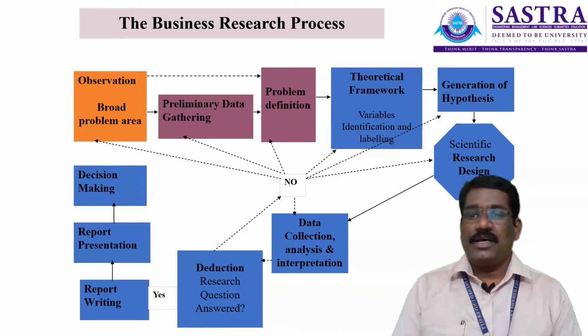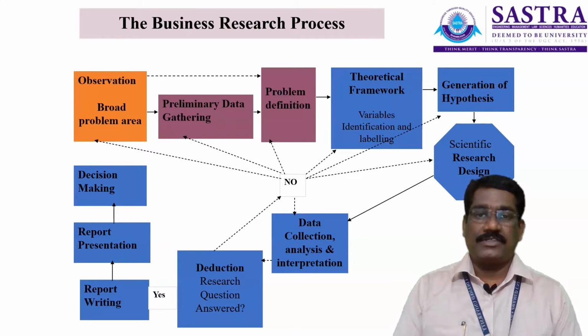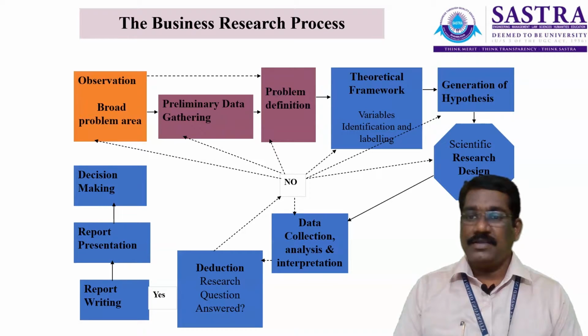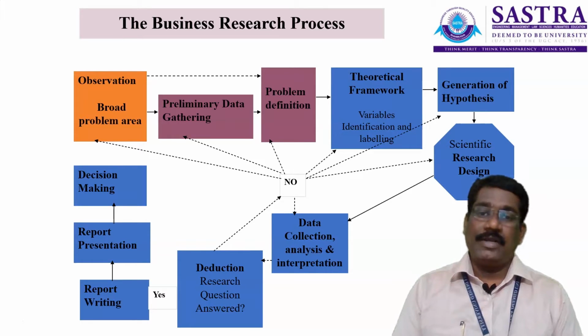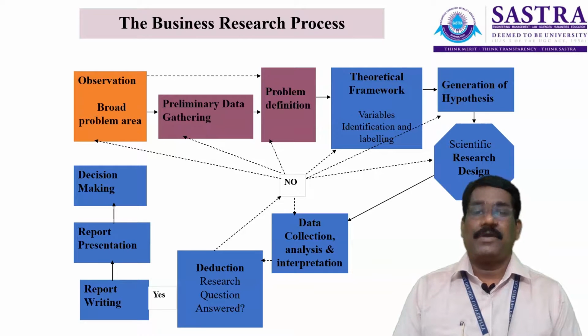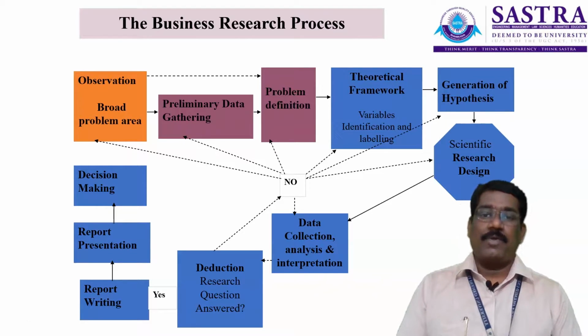To start with, the first step here is observation in an organizational context. As a manager, in order to identify the problem area, he has to do a kind of observation of the broad problem area. He has to identify it pertaining to the problem issue. Then he has to go for collecting preliminary data pertaining to the identified problem.